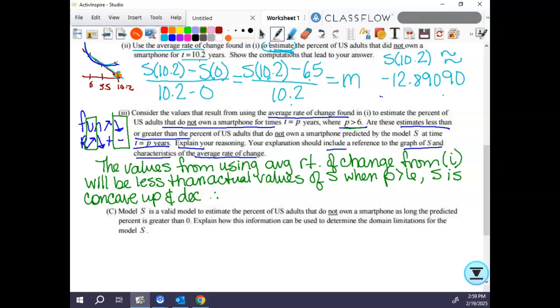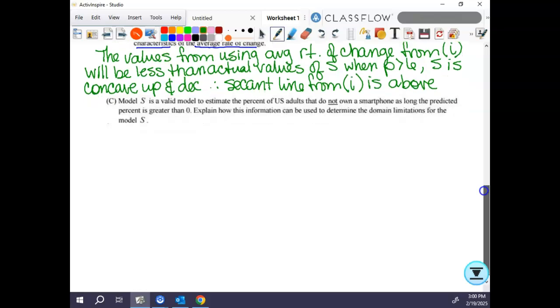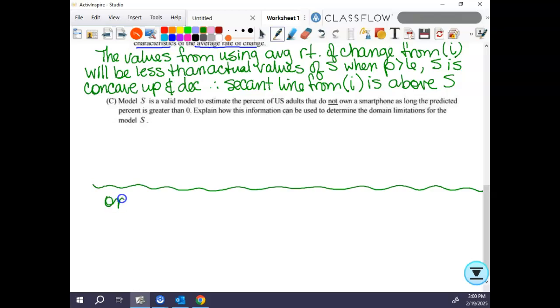Therefore, secant line from 1 is above the graph. Okay, I'm running out of room. I'm going to jump down here so I can put my C right there. Is above S on, what did we go to?